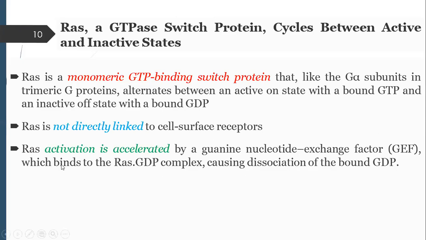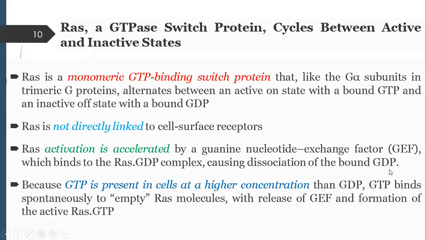And GEF, when it binds with RAS-GDP, what will happen? It will cause dissociation of the GDP, and when GDP is removed, the higher concentration of GTP will take its place. The pocket of the GDP is replaced, and the empty RAS protein molecule will be filled again with GTP, and that will be activated.